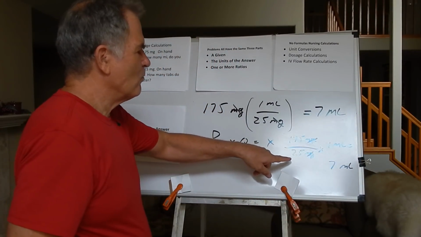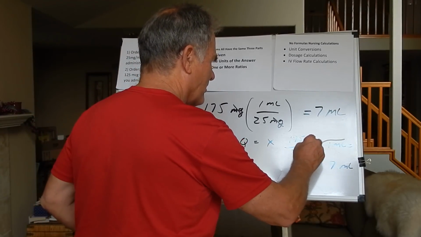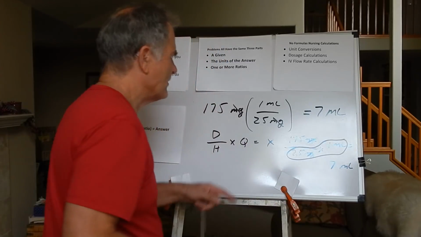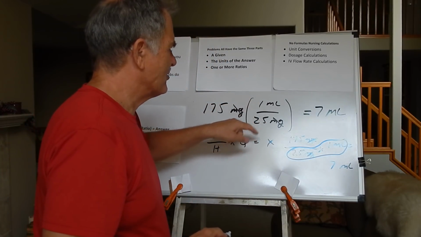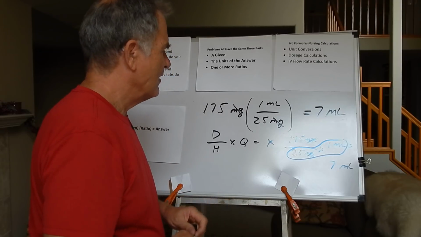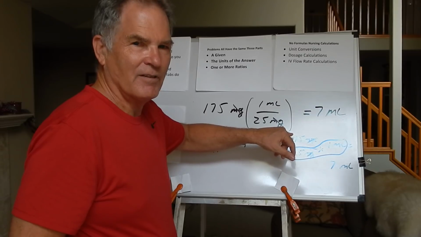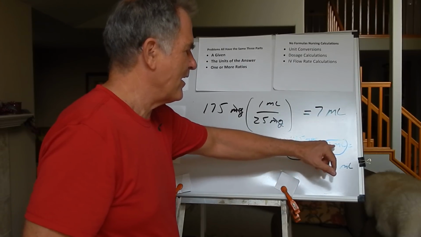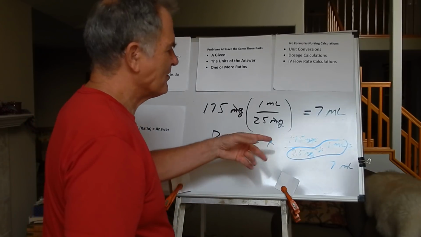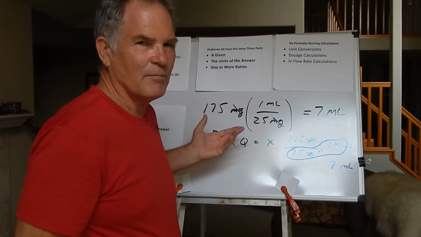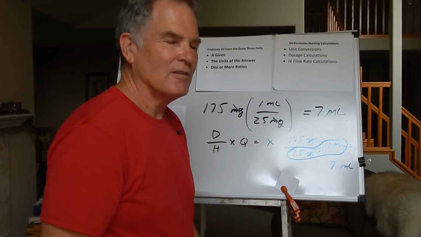So what all they've done here is they've taken this part here, which is the ratio of milliliters to milligrams, and split it up, put half of it under your given, and then the other half off to the side there. It's basically doing dimensional analysis, but just splitting up the ratio.